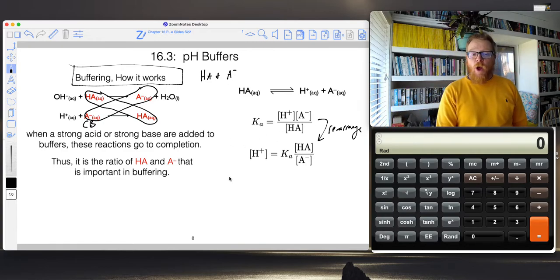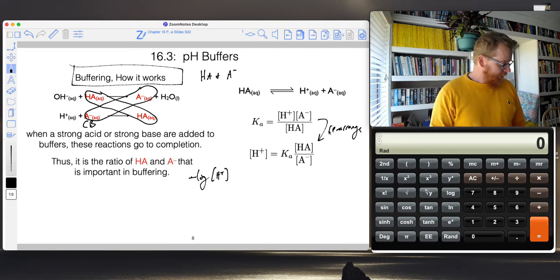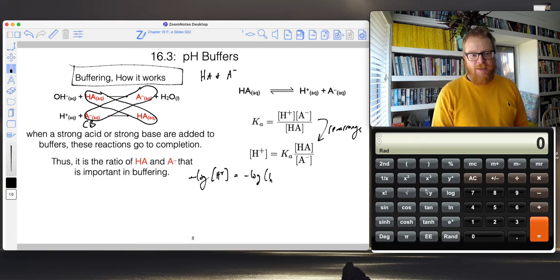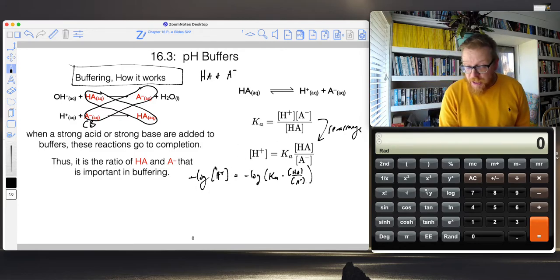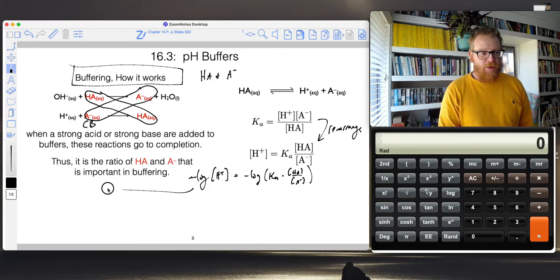And now remember, it's the negative log of H plus that we want to get the pH, right? So if I take the negative log of both sides, let's see what happens. I get negative log of H plus, and now negative log of Ka times HA over A minus. We know the negative log of H plus is simply called pH.